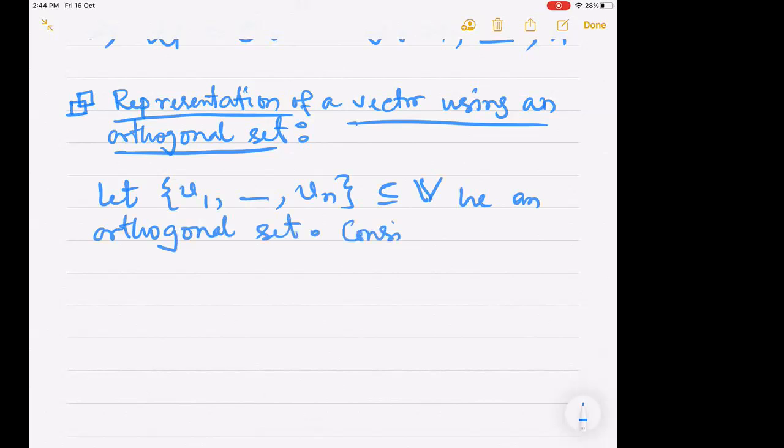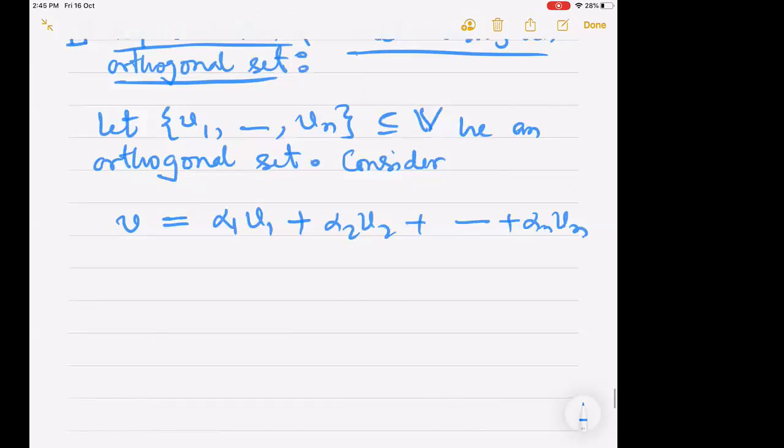Consider a vector V equal to alpha 1 V1 plus alpha 2 V2 plus dot dot dot alpha n Vn. This is a unique linear combination because V1 to Vn is linearly independent. Why linearly independent? Because they're orthogonal. Orthogonality implies linear independence.